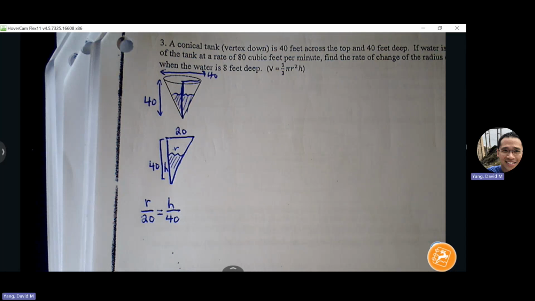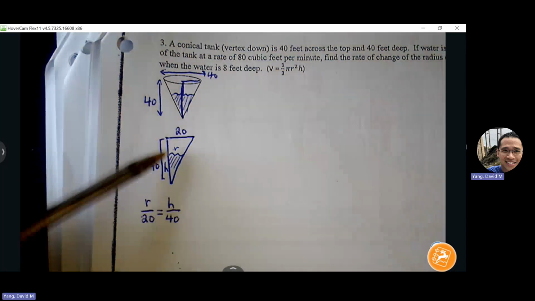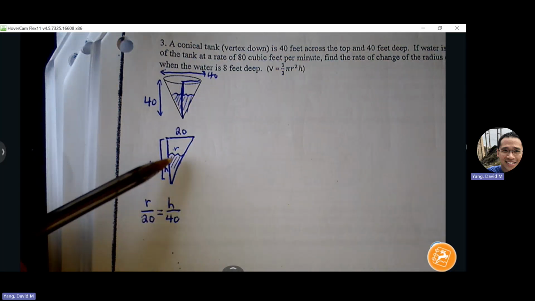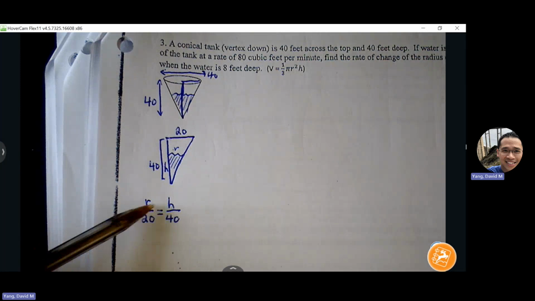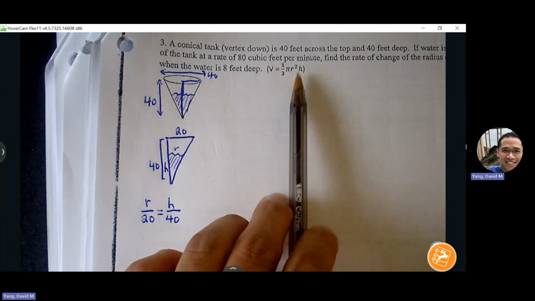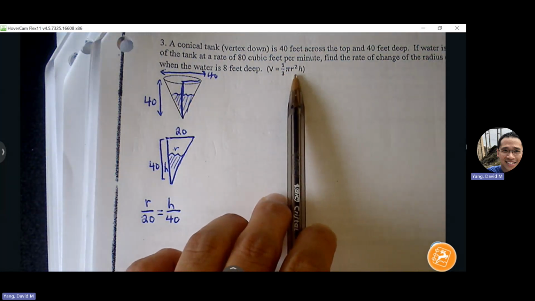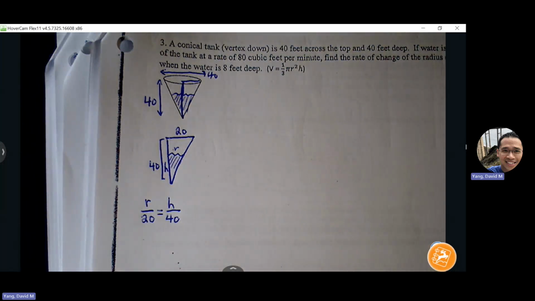Why split into a triangle? We're splitting into a triangle so that we can build a relationship between the radius and the height. If I can get r in terms of h or h in terms of r, I can find a replacement for one variable in terms of the other. So right now we're just trying to find that connection between radius and height, because ultimately one of the variables has to go and we want to replace it in terms of the other.